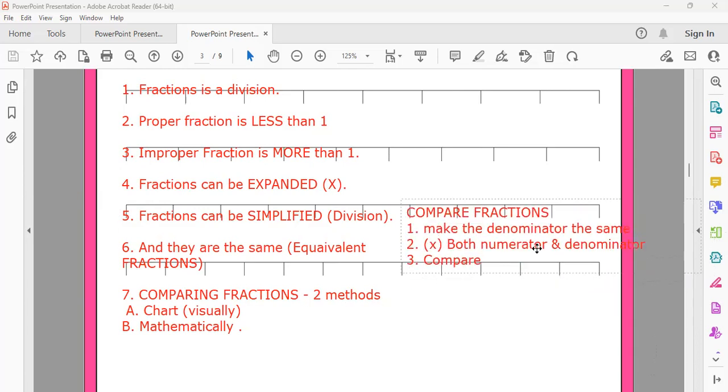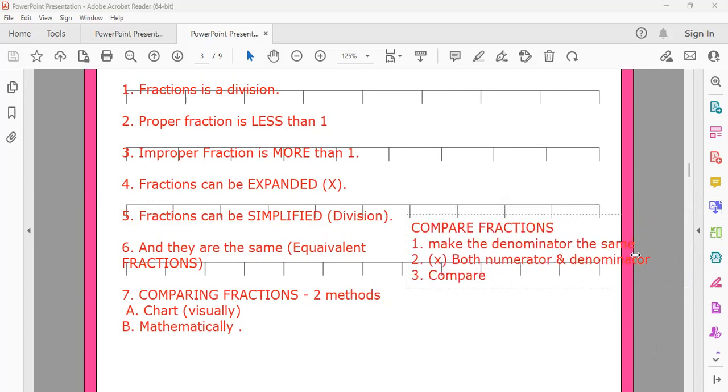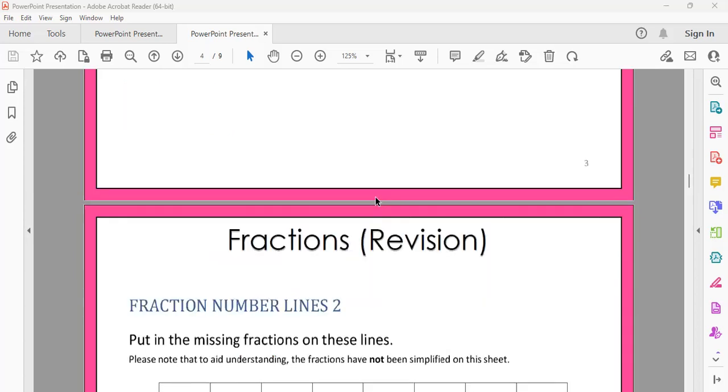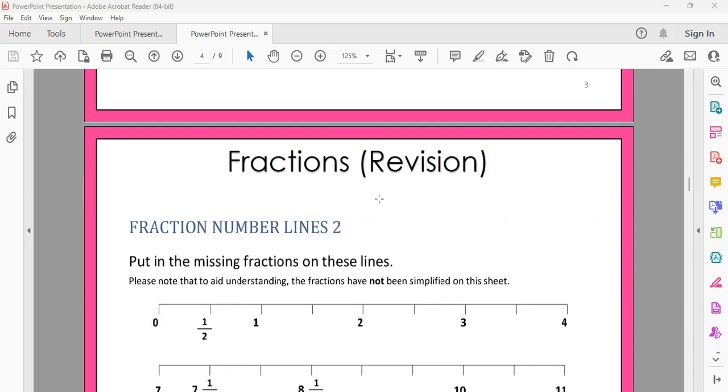This is the same method as for addition and subtraction. When you want to add and subtract fractions of different denominators, you are doing exactly the same thing. You have a copy of this in your WhatsApp. Check it later.